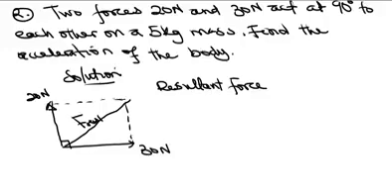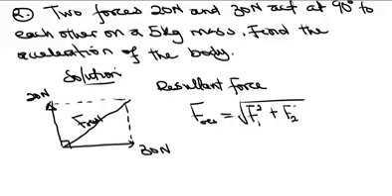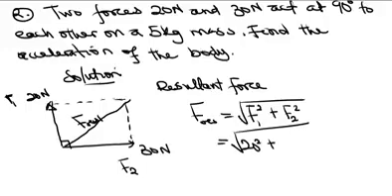We are given the mass. So F resultant is equal to the square root of F1 squared plus F2 squared. Let's assume this is our F1 and this is our F2. So in that case, it's going to be the square root of 20 squared plus 30 squared.